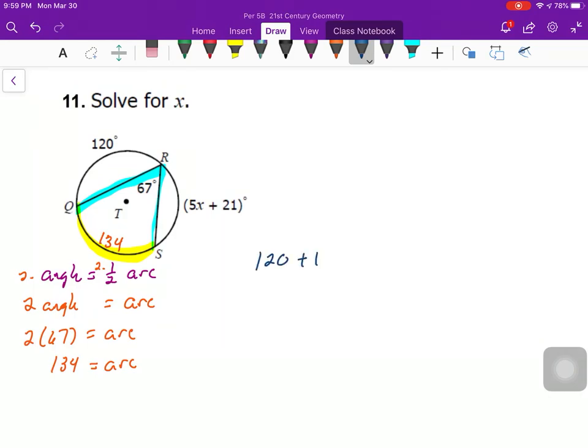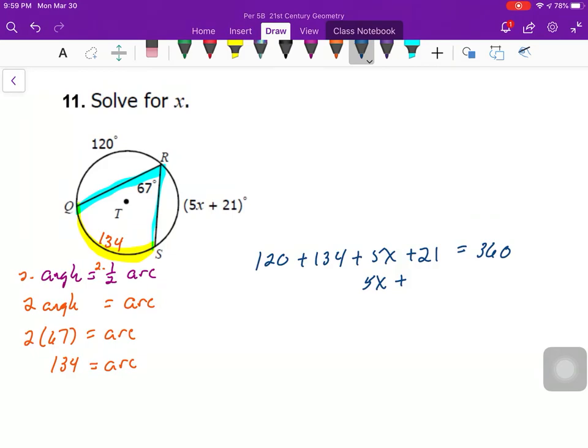And now I can use the whole circle. So the whole circle would be the 120 plus the 134 plus the 5x plus 21 will equal 360 degrees.